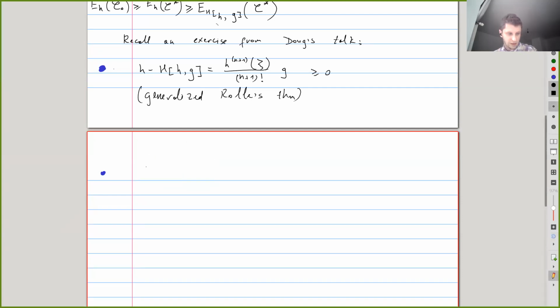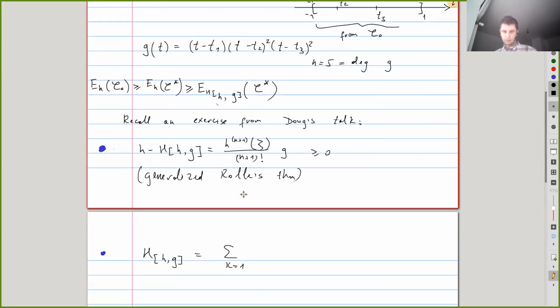So it's H of h g, and then it's a sum over k from 0 to, since we had n conditions, n minus 1.